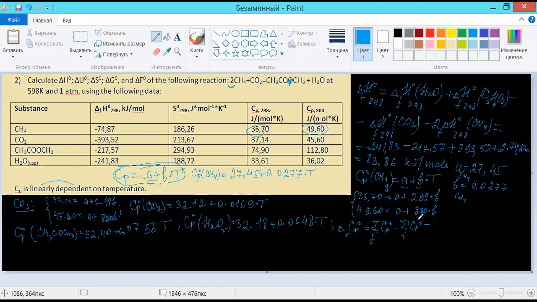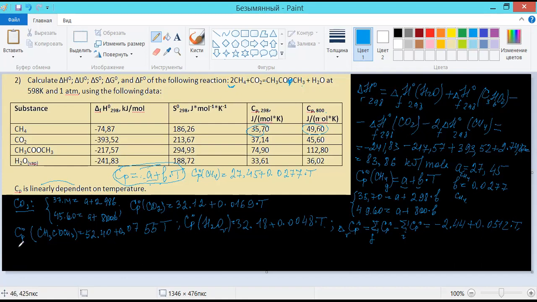I won't write down all these long expressions. I will write down only the final. It's minus 2.44 plus 0.0512 times T.